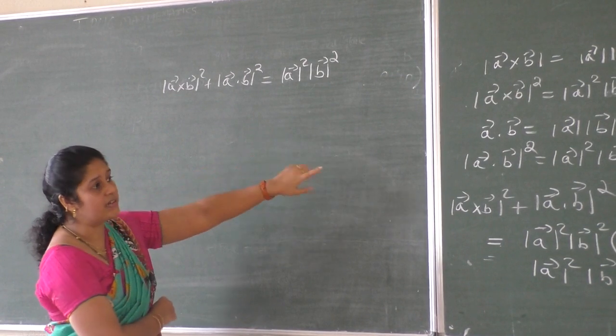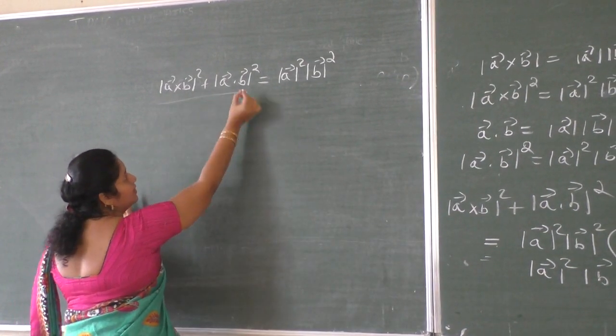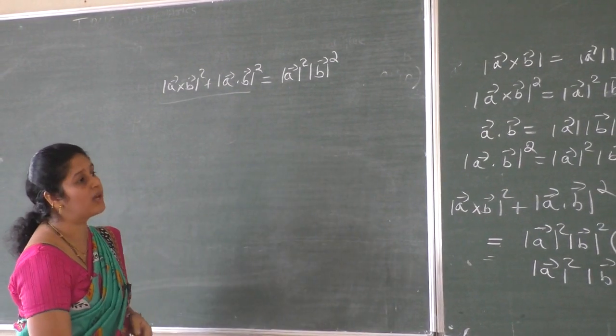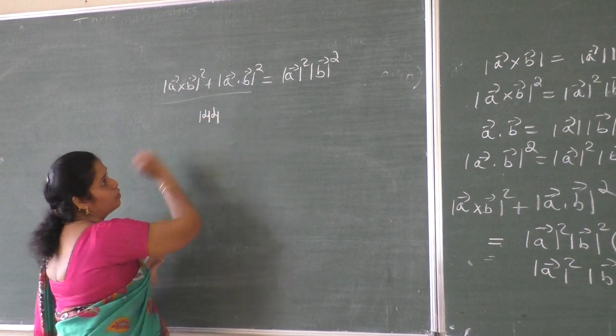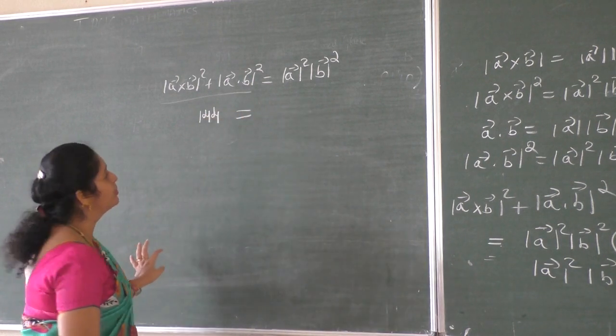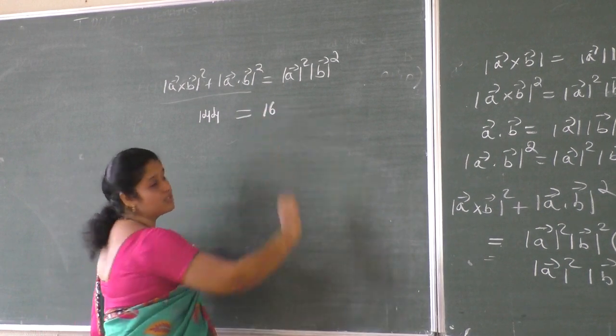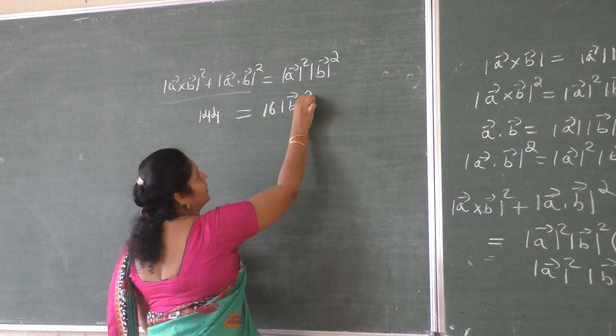Okay, now in this given problem, the left hand side that is given is 144, and that is equal to magnitude of vector A square, which is 4, so 16, times magnitude of vector B square.